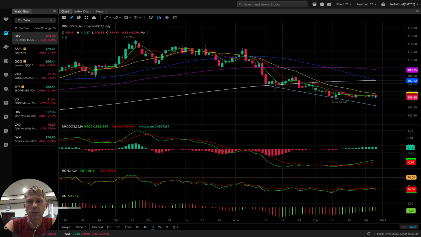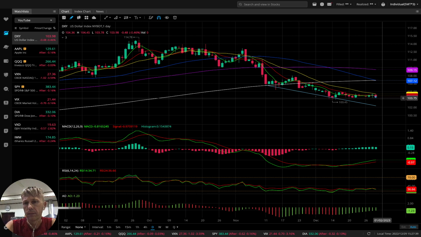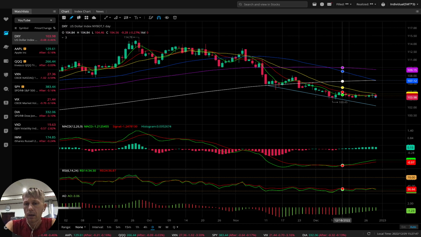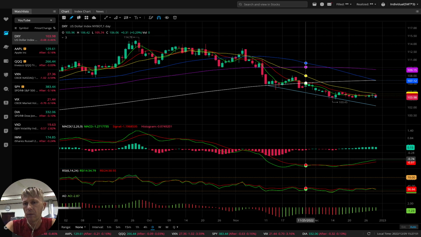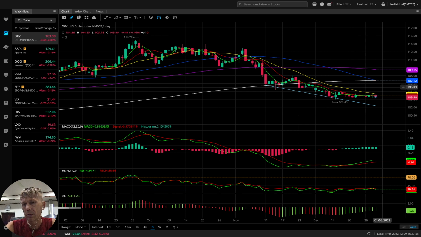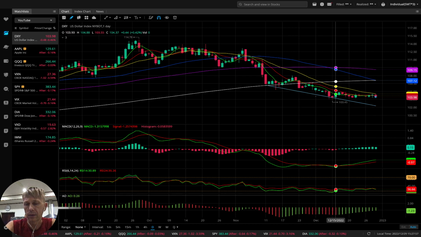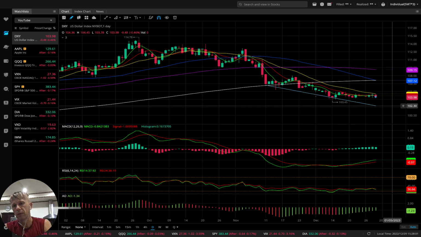Daily USA dollar: bearish day, red day, minus 0.5%. It's bullish for the market, right? And that's what we see. Bullish divergence on all indicators, but still a bearish trend.